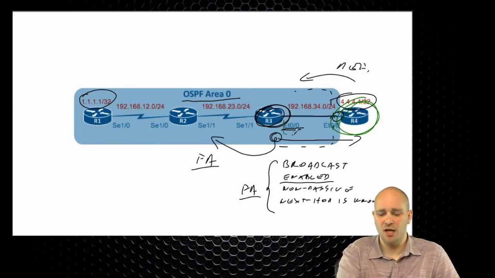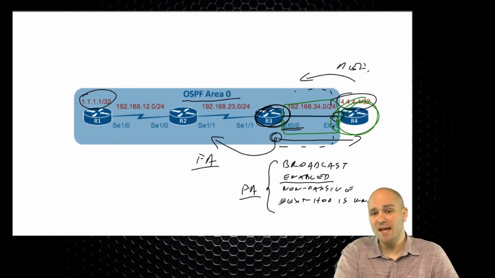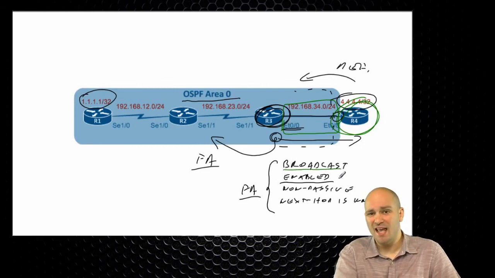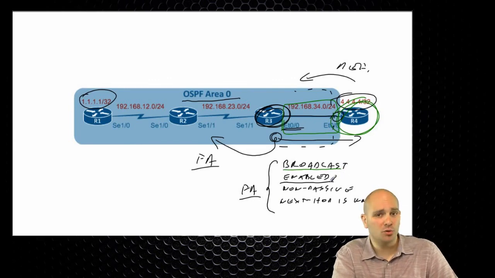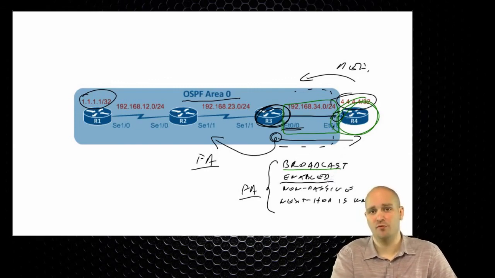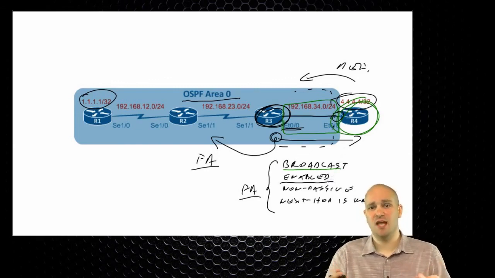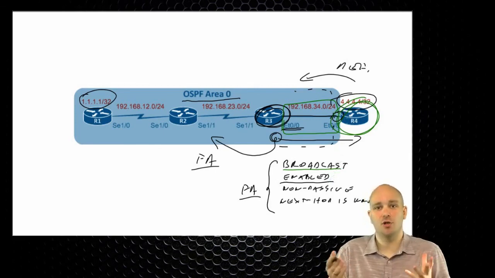So anything that we change on this interface on R3 is not going to make any difference from the perspective of R4. Even though OSPF is turned on and the interface is broadcast, any of these changes would make no difference on R4, because they will not alter behavior in any way as far as R4 is concerned. So these features might be enabled, but they are not actually operational.